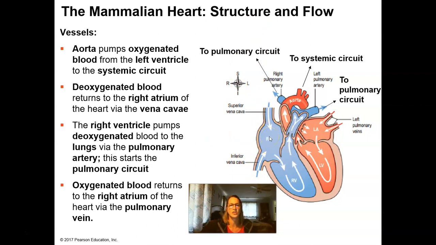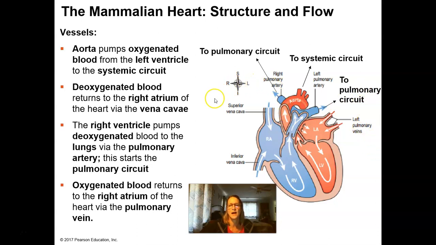So that's deoxygenated blood. The right ventricle, right here, is going to pump the deoxygenated blood through another vessel called the pulmonary artery, which is right here and right here. And that's going to go to the pulmonary circuit, which is going to end up being lungs.